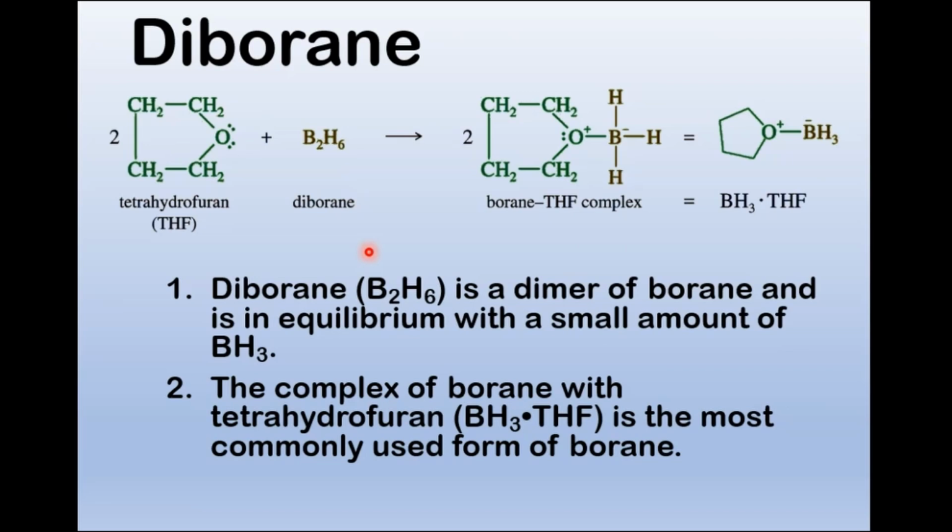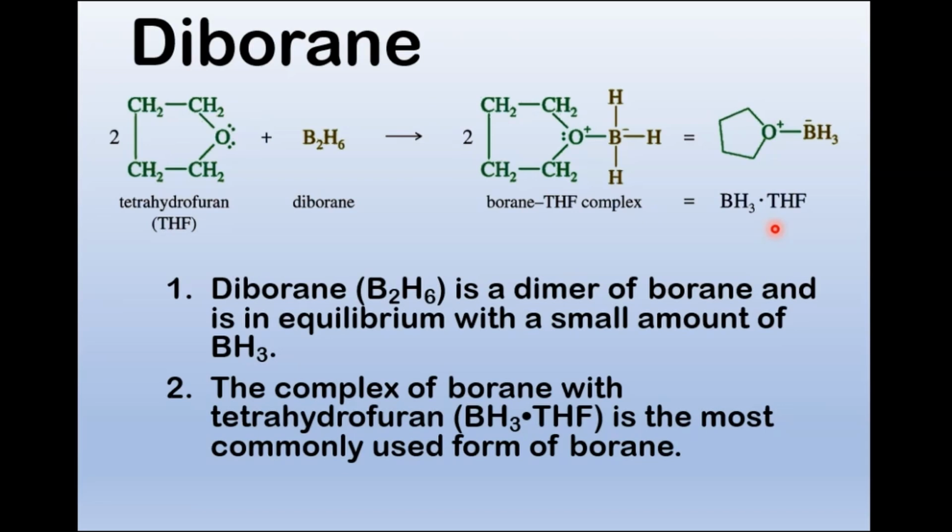And B2H6 is called diborane. It's a dimer of borane, and it's in equilibrium with a small amount of BH3. None of that's really that important to us. It forms this complex, and we just call it BH3·THF. The main thing is when you see this followed by the peroxide and base, you want to think, going to hydrate a double bond.